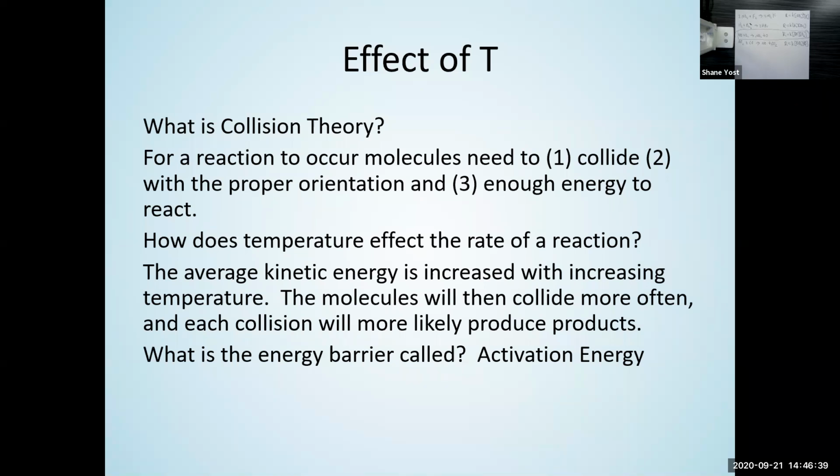You're transitioning at that point from reactants to products. Again, a lot more of this is discussed in more detail in the lecture slides and the videos that are posted online.